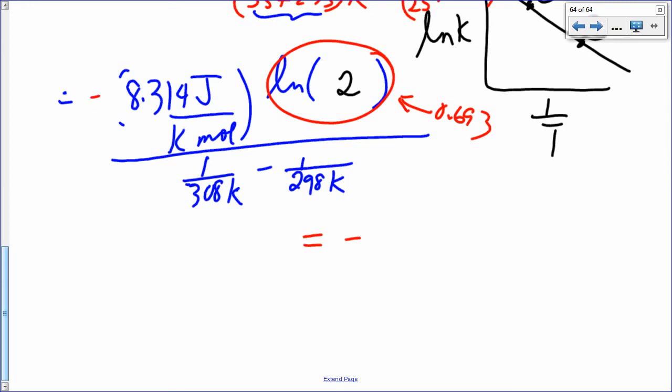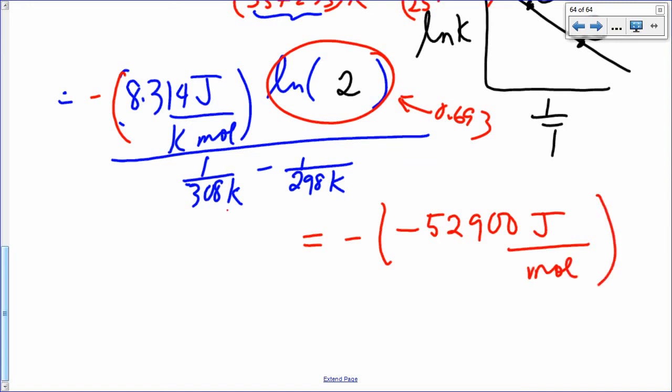Oops, sorry, there's an extra negative there, so it should be the negative of the negative: 52,900 joules per mole. Your Kelvin here cancels out. Your denominator will have a unit of 1 over Kelvin, and you have a 1 over Kelvin in your numerator. So that's joules per mole, about positive 53 kilojoules per mole.